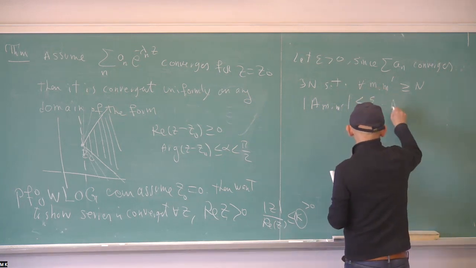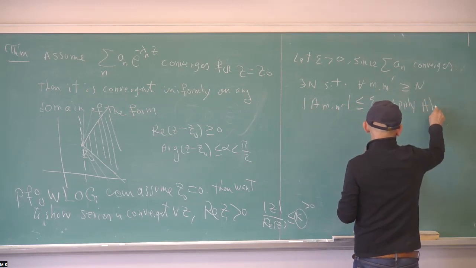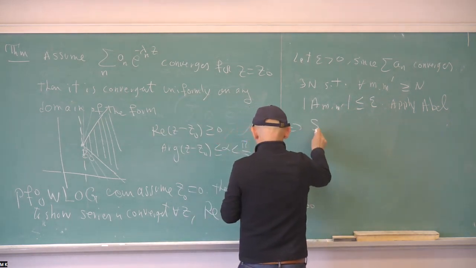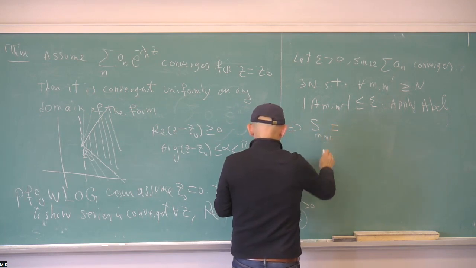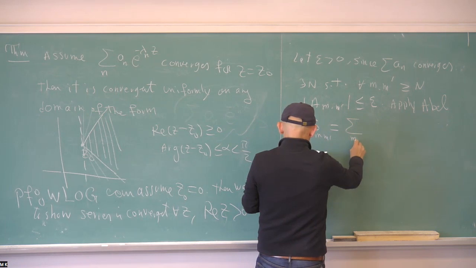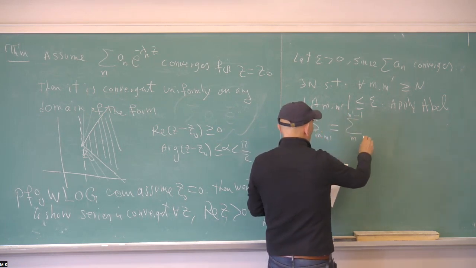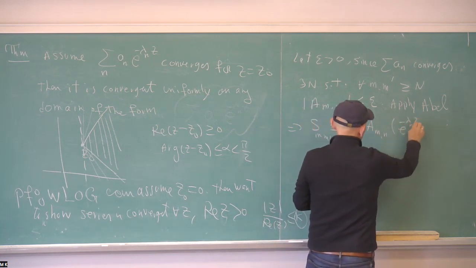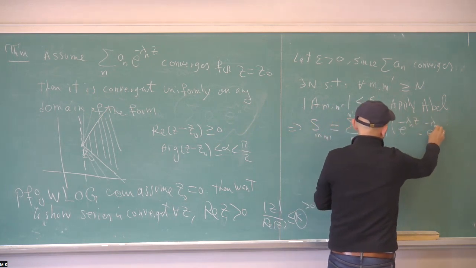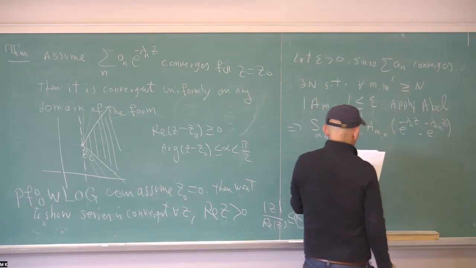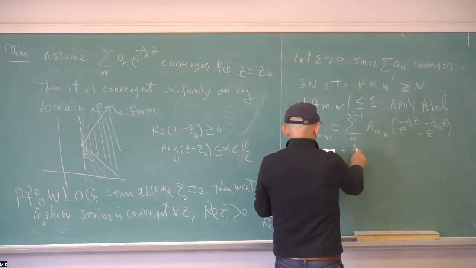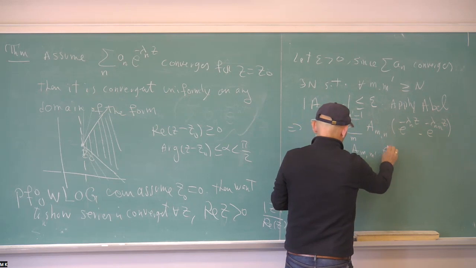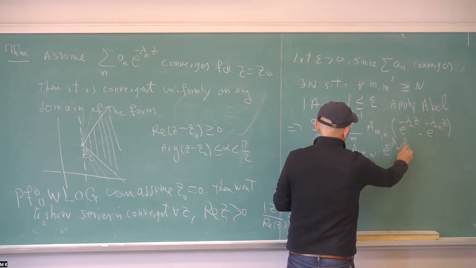So apply Abel's lemma. Then we get S_{m,n'} is equal to the sum from n = m to n' - 1 of S_{m,n} times (e^{-lambda_n z} - e^{-lambda_{n+1} z}), plus S_{m,n'} e^{-lambda_{n'} z}.